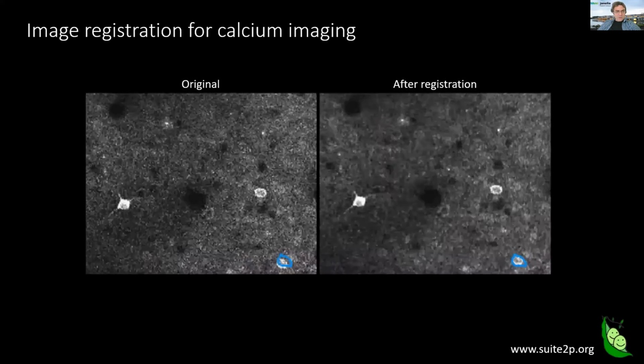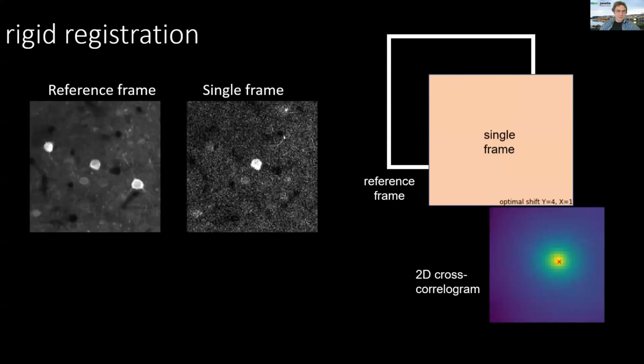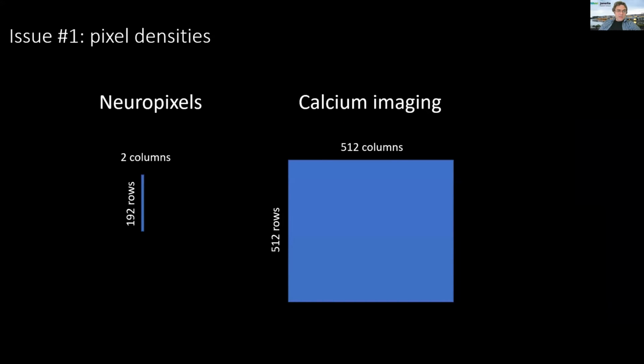Nick actually had a prototype of how to do this. This is just showing you 2P data that we've had registration for a long time. We knew how to do registration for 2-photon calcium imaging, but we didn't quite know how to do it for electrophysiology. And Nick Steinmetz, a few years back, had a prototype working of how to do this kind of correction for NeuroPixels 1.